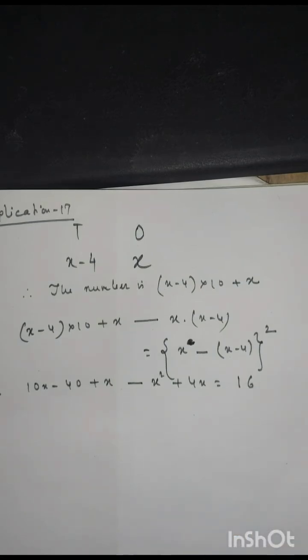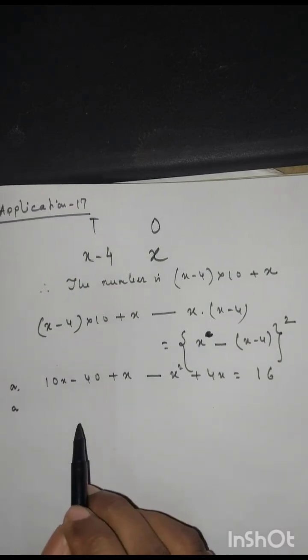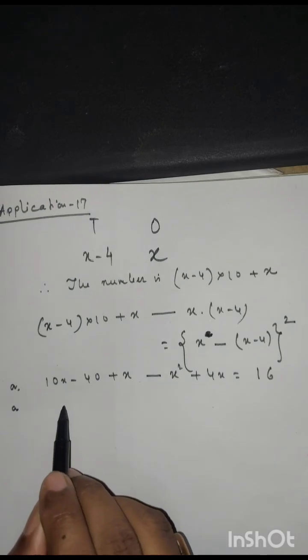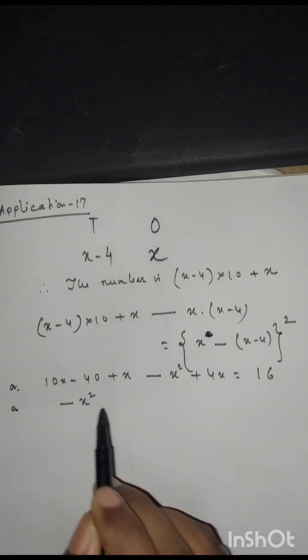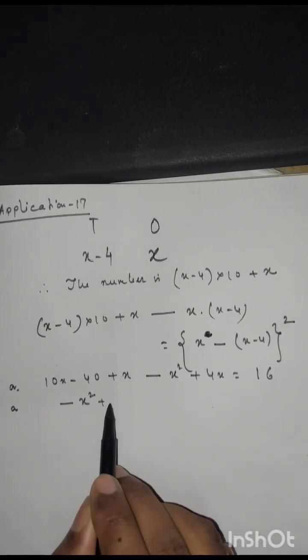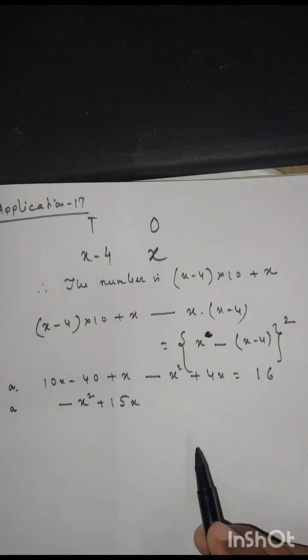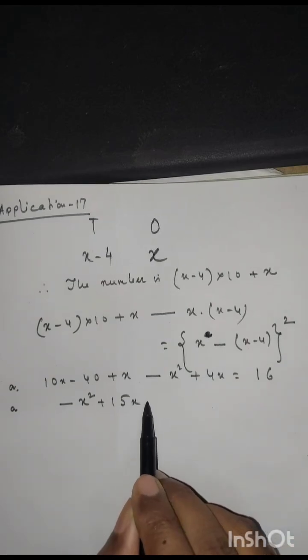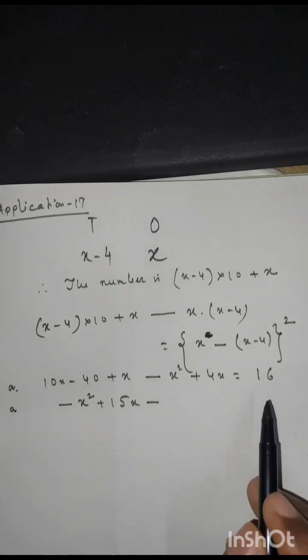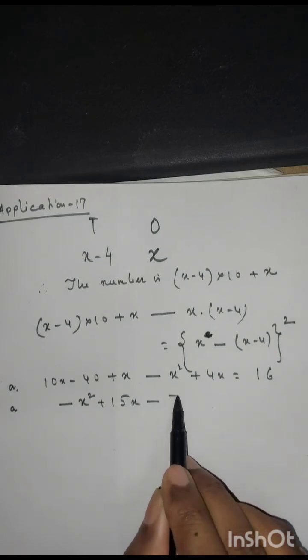So this is what we get, minus x squared plus 15x, and if we take 16 to the left side, it becomes minus 16, so it is minus 56.